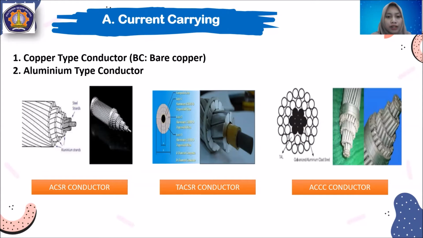This conductor is a good conductor because it has high conductivity and good mechanical strength. And then aluminum type conductor, like the copper type conductor but with lower conductivity and mechanical strength. Types of aluminum conductor are: one, ACSR conductor; two, TACSR conductor; and then the last, ACCC conductor.